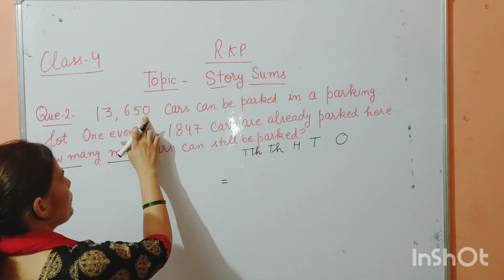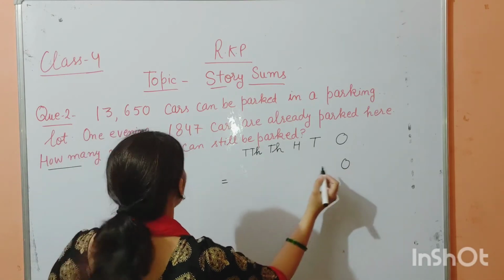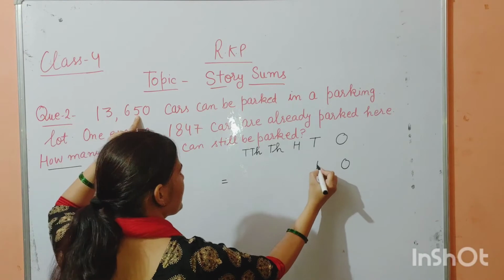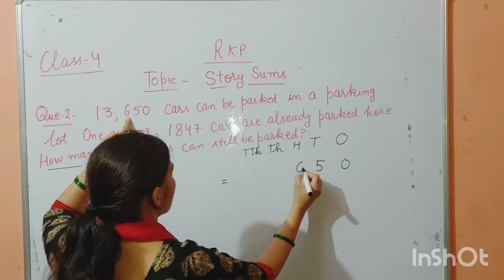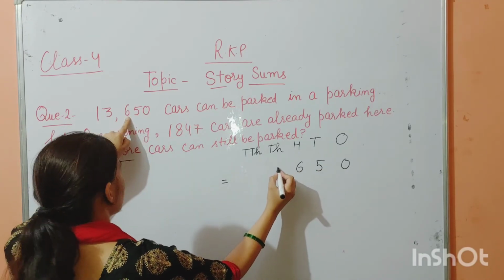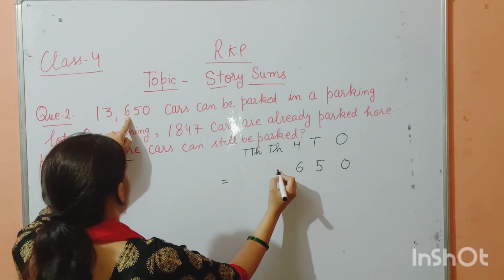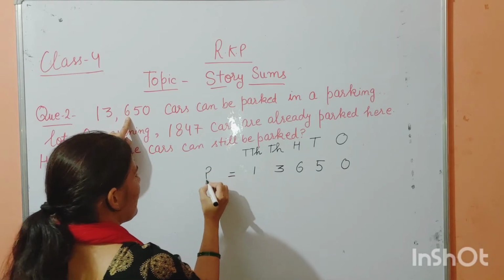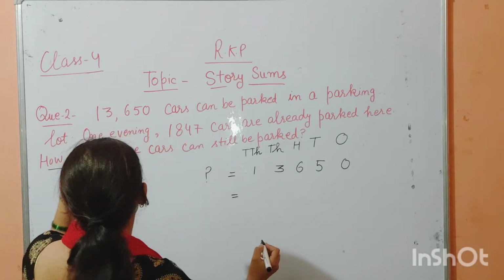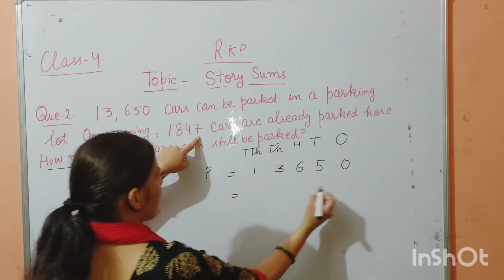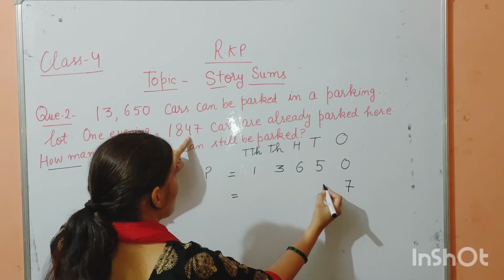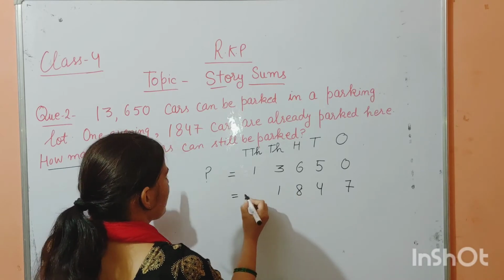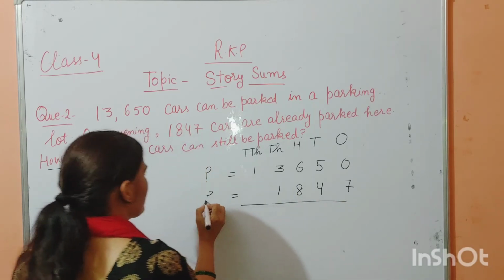And start writing from the ones place. 0 at ones place, 5 at tens place, 6 at hundreds place, 3 at thousands place, and 1 at ten thousands place. Okay, and the second number: 7 at ones place, 4 at tens place, 8 at hundreds place, and 1 at thousands place.